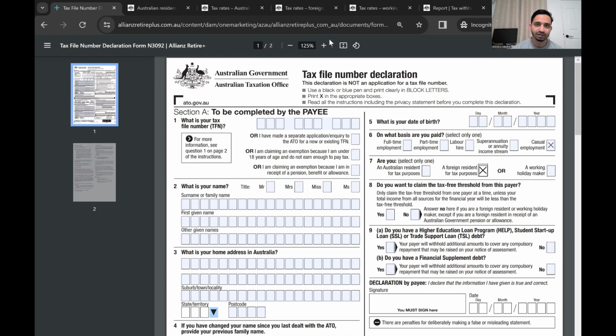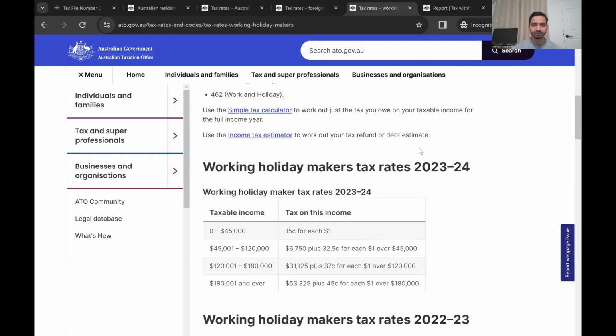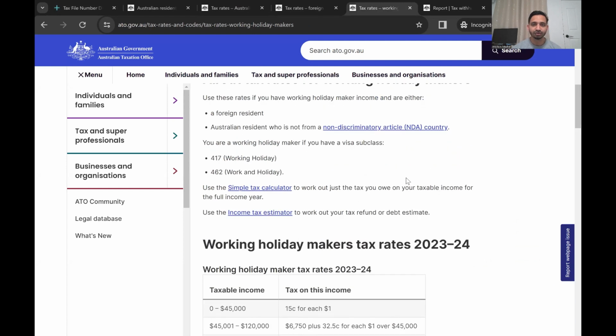If you're a working holiday maker, what are your tax rates? So when are you a working holiday maker? You're a working holiday maker if you're on these visas: a subclass 417 working holiday visa, or a subclass 462 work and holiday visa.